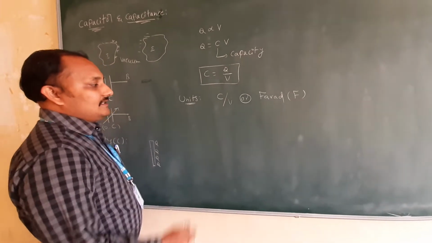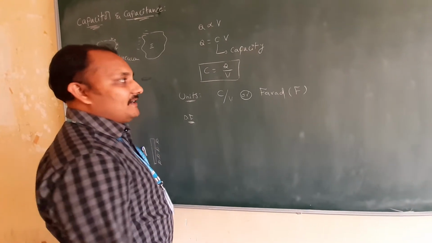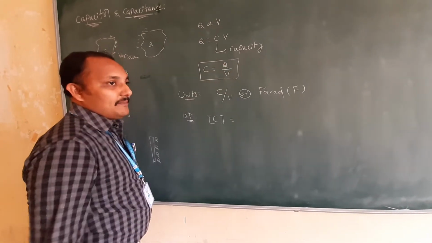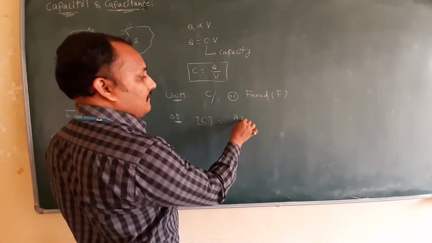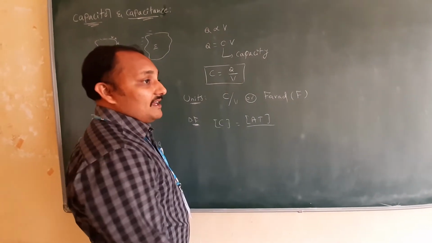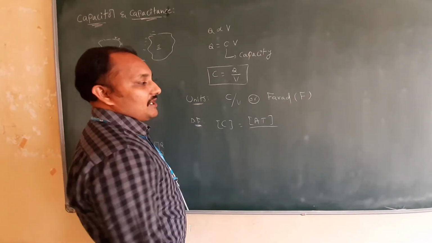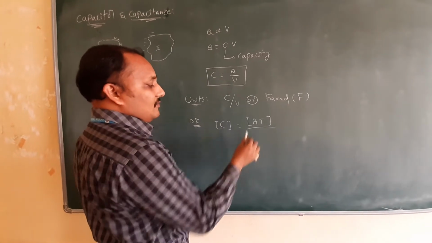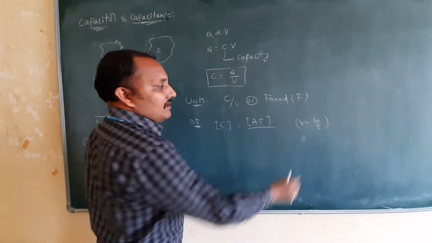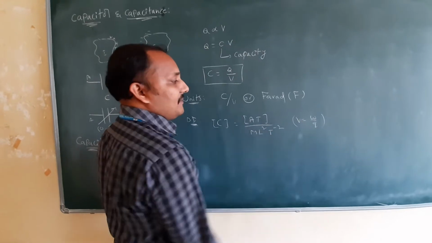If you want to write the dimensional formula, what is the dimension formula for capacity? Charge dimension formula, what is it? AT. Already we came to know. Potential dimension formula also I gave in the first topic in this lesson. If you forgot, potential's other unit is joule per coulomb, because V is equal to W by Q. So joule is the work done unit, and the dimension formula, if you forgot, you can write like this: mL square T power minus 2.